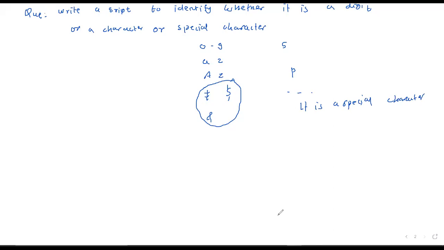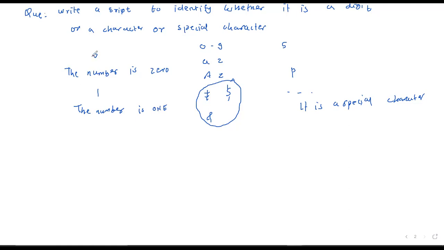So this is our question. How to write this? Yesterday we discussed one script where we enter a digit, and the action was: the entered number is 0. Then for 1, the action was: the number is 1.